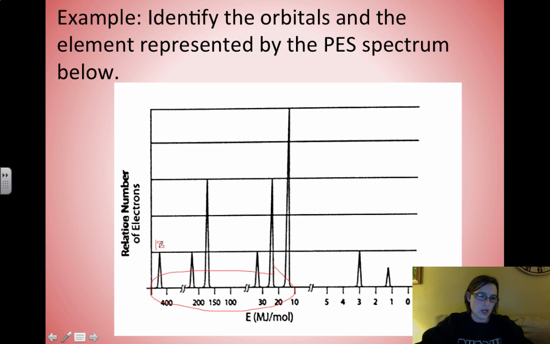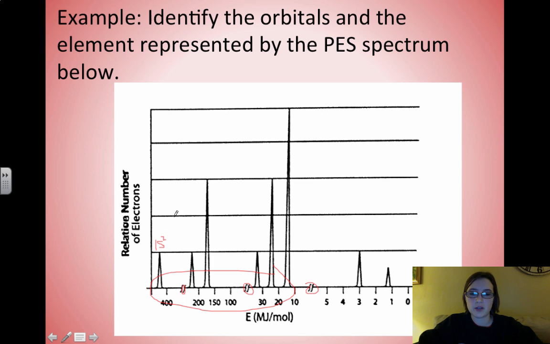Notice that there are breaks in the x-axis. These breaks are just to help the scale, to show that there are different energies. Here we have the peak that is closest to the nucleus, which takes the most energy to remove. This is going to be the 1s2.